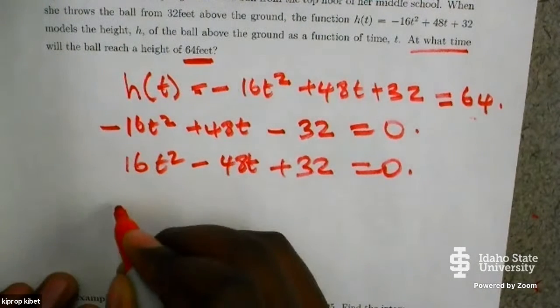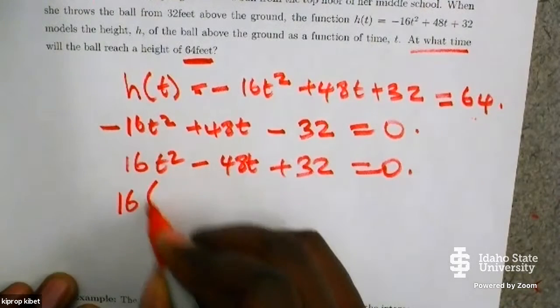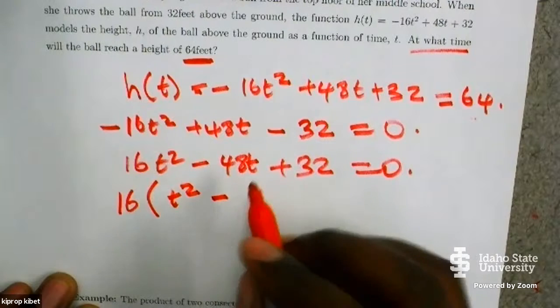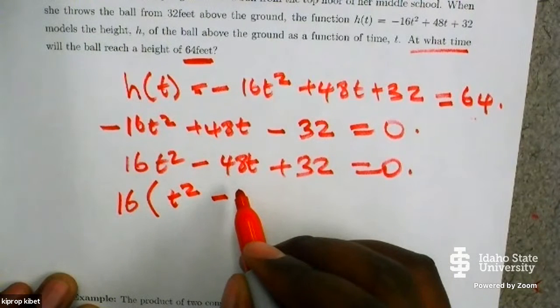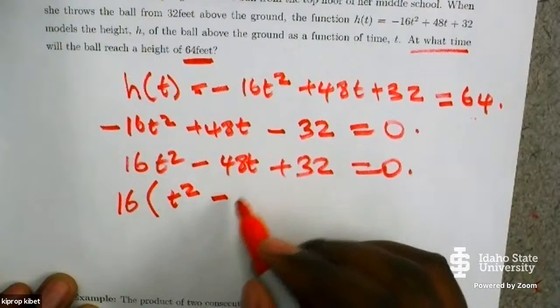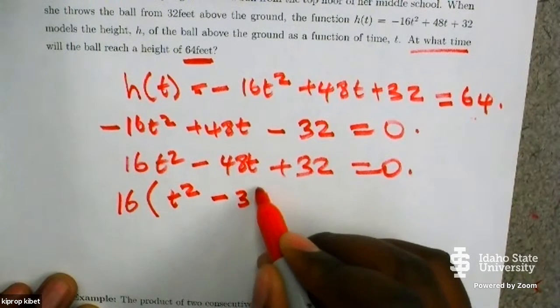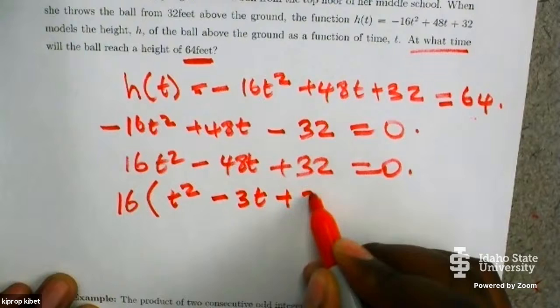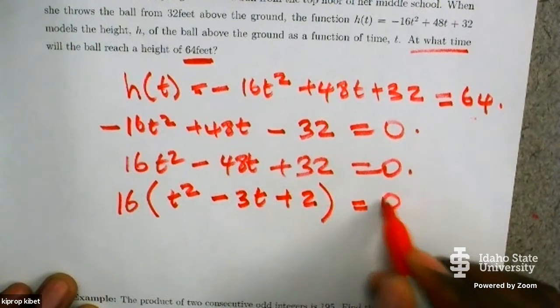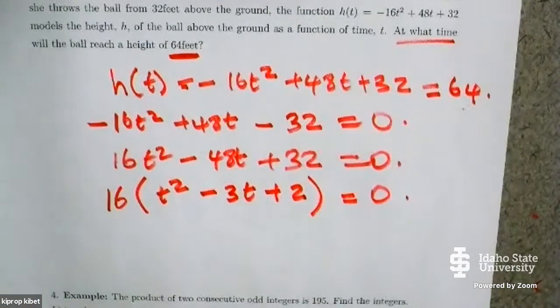So we factor out 16, and we remain with t squared minus 3t plus 2, equals 0.